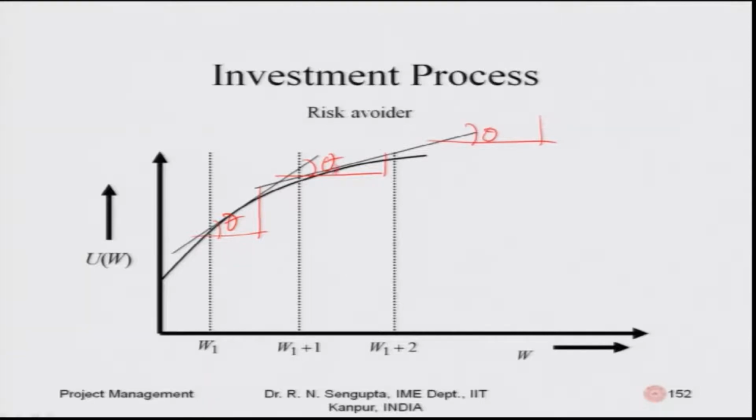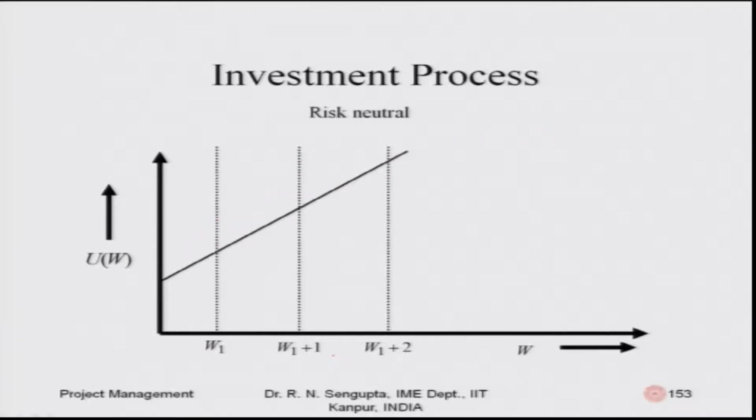Here is this theta, here is the theta, here is the theta. So it is increasing, but the rate of change is decreasing. Hence it is basically a risk avoider, and the values I have taken arbitrarily to show it very clearly are W1, W1 plus 1, W1 plus 2 and so on.